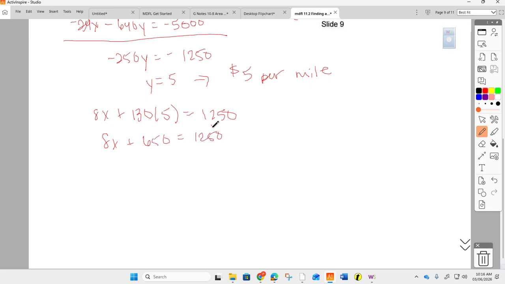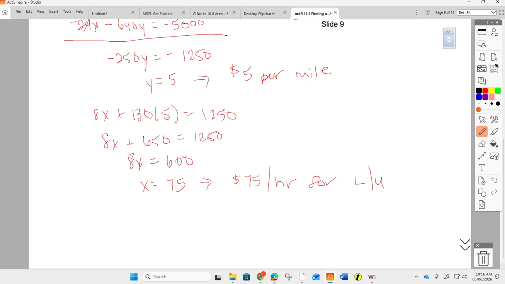Subtract 650 from both sides. 8x equals 600. 600 divided by 8 is 75, I believe. Yeah. So that 75 represents $75 per hour they charge for loading and unloading. Any questions?